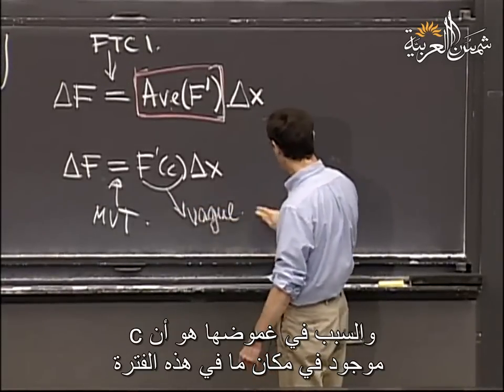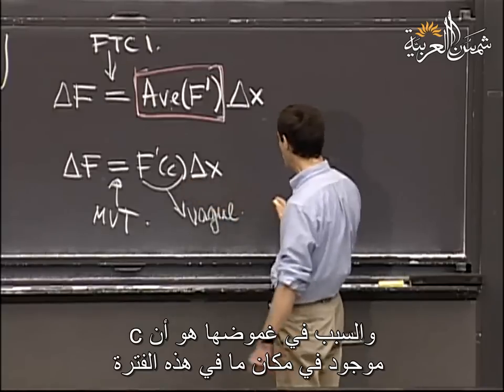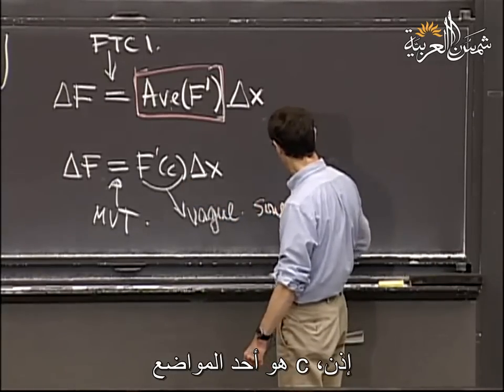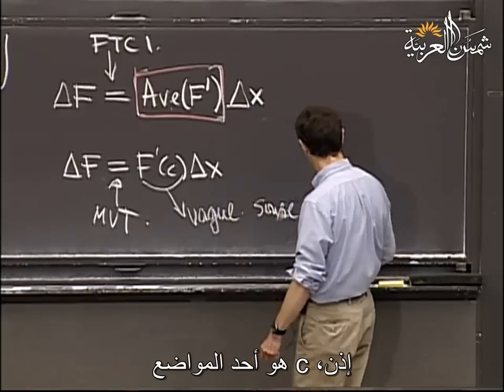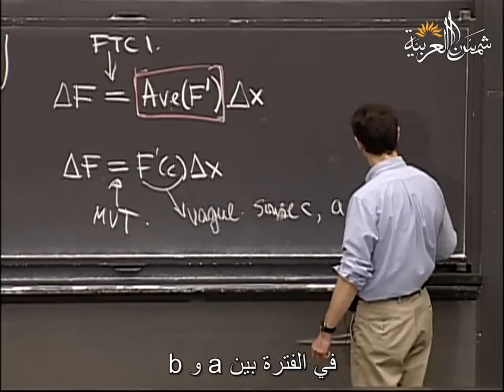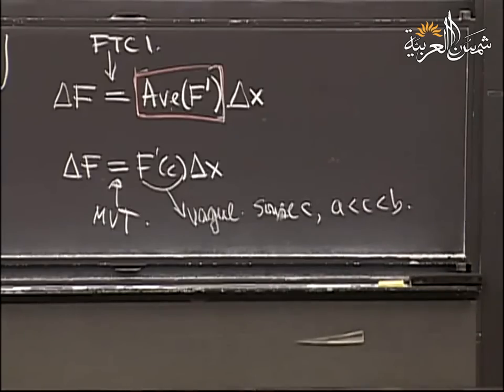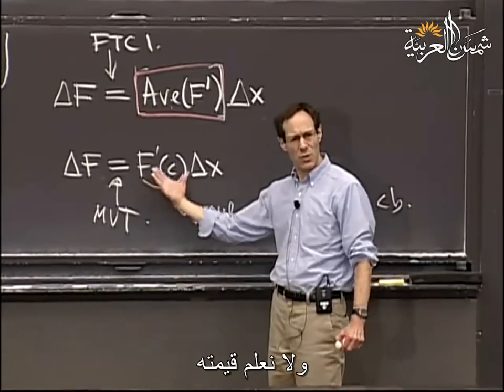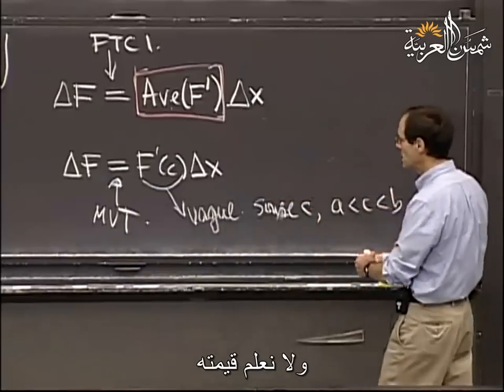And the reason why it's vague is that c is just somewhere in the interval. So some c, sorry, some c in between a and b. So really, since we don't know where this thing is, we don't know which of the values it is, we can't say what it is.